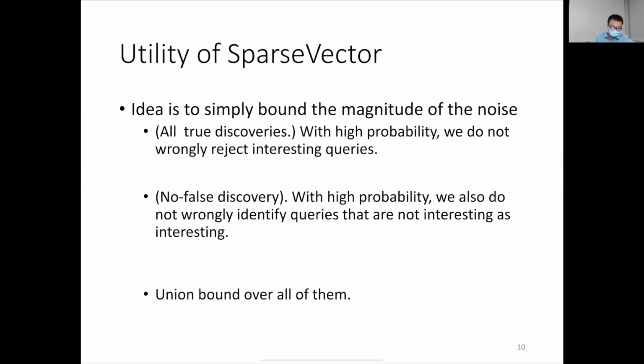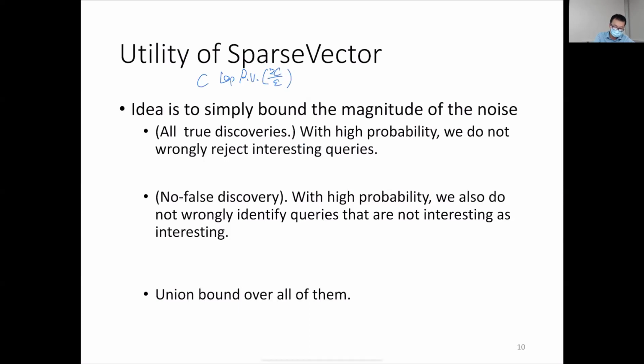To begin, how many times are we adding to the threshold? Sparse vector is a composition of C above threshold algorithms, and in each above threshold algorithm, we're adding to the threshold just once. So there are C Laplace random variables with a parameter of 2C over epsilon.